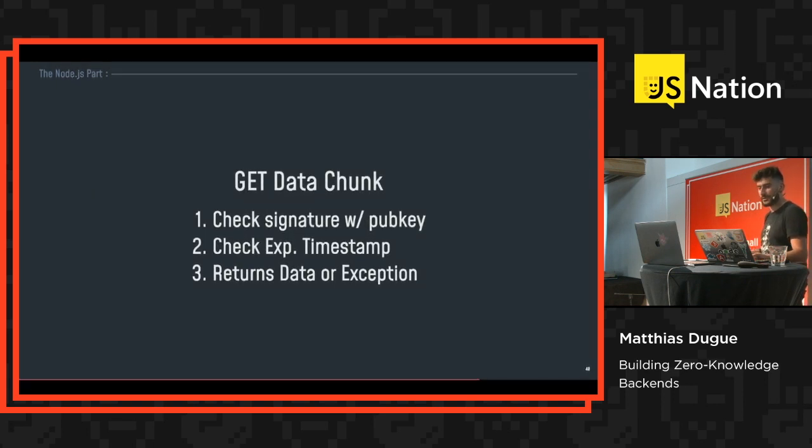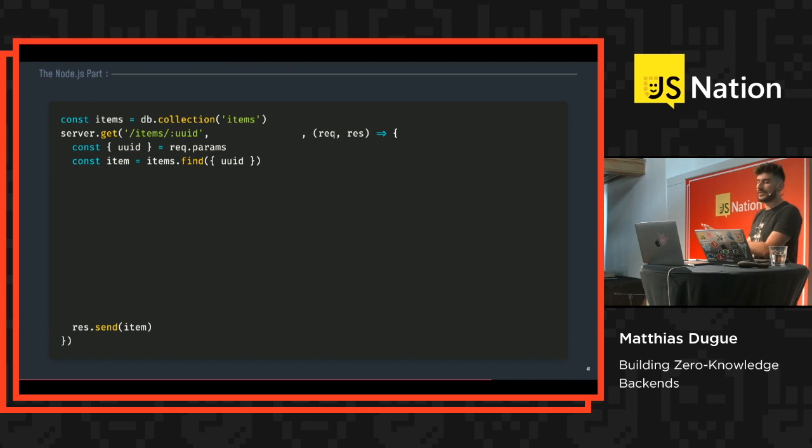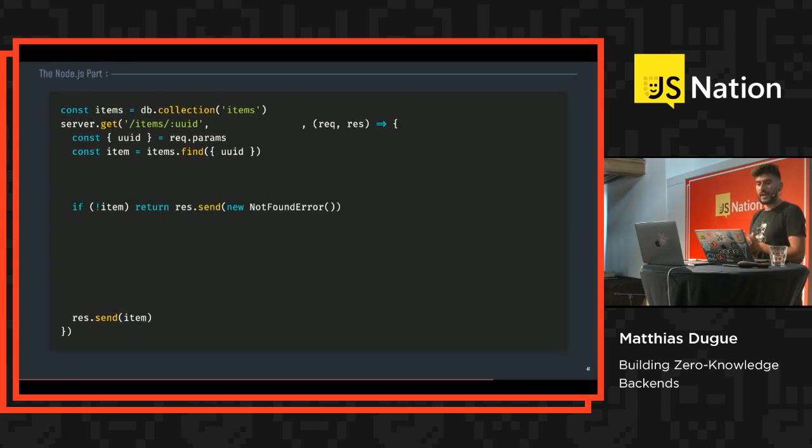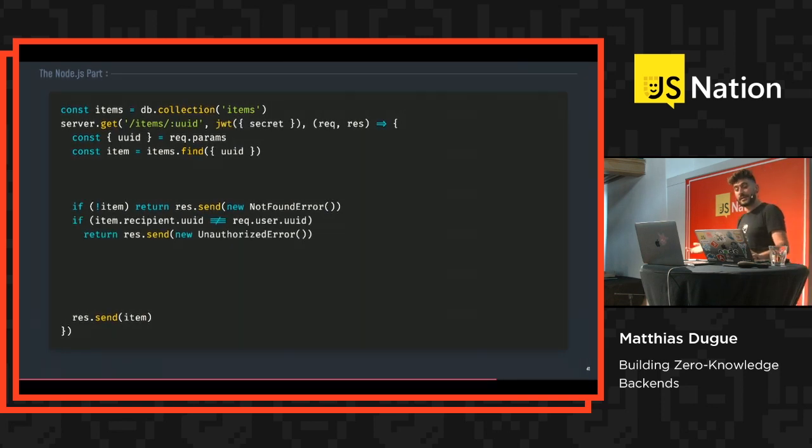To get a data chunk, this is the same thing. It happens each time your clients want to retrieve some content, or a third-party application asks to get access to content shared by another user. So when you want to serve some part of data, you just read your item collections. If there is no item, you return an error. If the item recipient is not the requested user, then you throw an error.